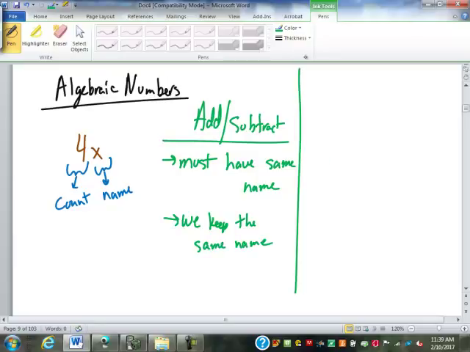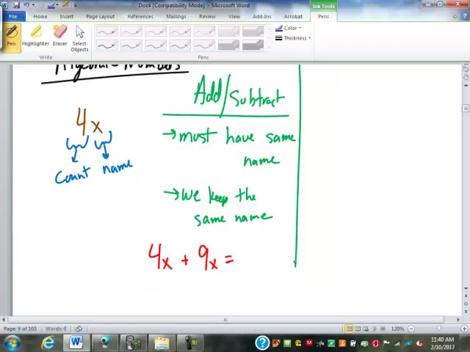So for our algebraic numbers, that looks like this. If we have 4x plus 9x, we have the same name, x and x. We're going to combine the counts. 4 plus 9 gives us 13, and we keep the same name of x.